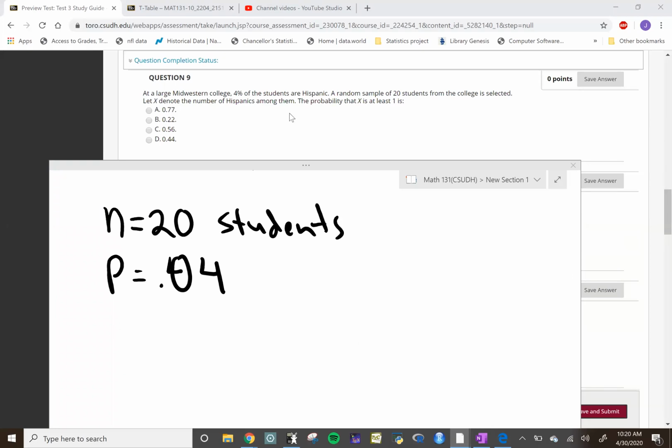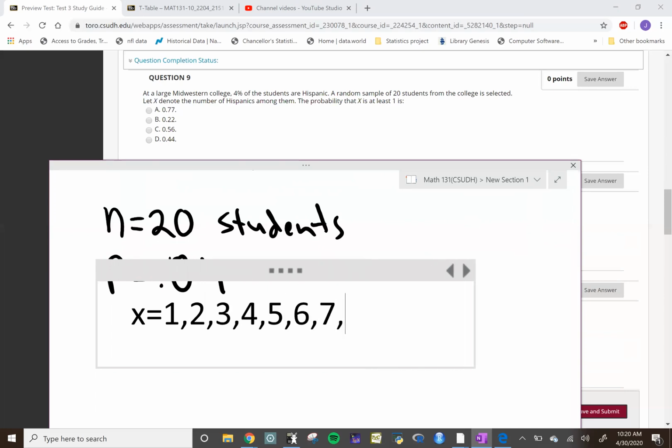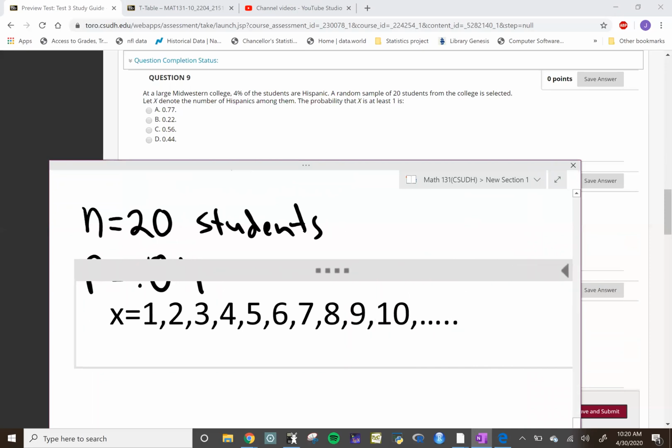If you look at it, they want to find the probability that X is at least 1. So we want X to be at least 1. That means we want it to be 1, 2, 3, 4, 5, 6, 7, 8, 9, 10, all the way down to 20.